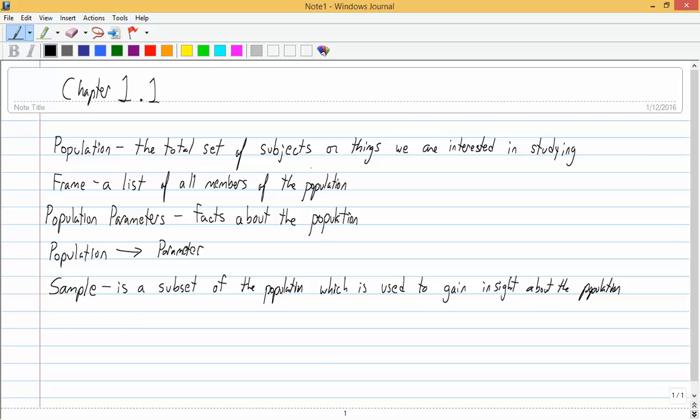A statistic. Well, this is probably an important term, since this class is about statistics. A statistic is a fact or characteristic about a sample.